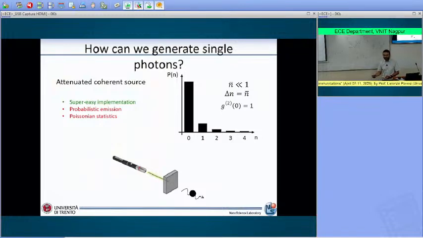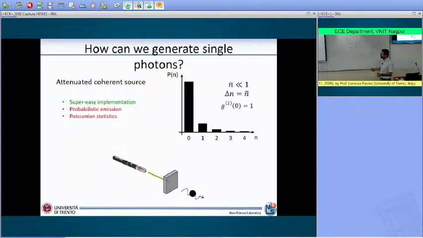So it's the vacuum state. And in this kind of source, most of the time, I don't measure photons. And therefore, the probability of the 0 photon state is large. Clearly, this is something that I do not want, because if I do not have photons, I cannot manipulate them. And then, having one photon is given by a certain probability, having 2 photons is a smaller probability, and so on going down.